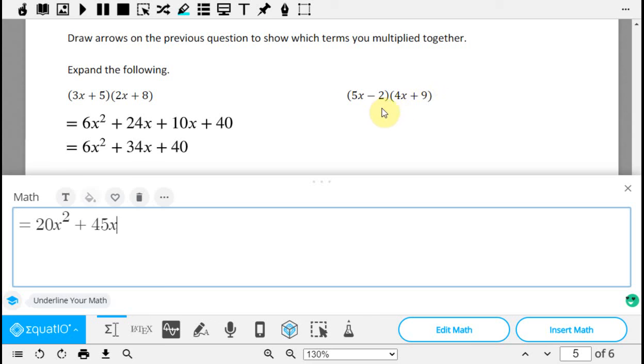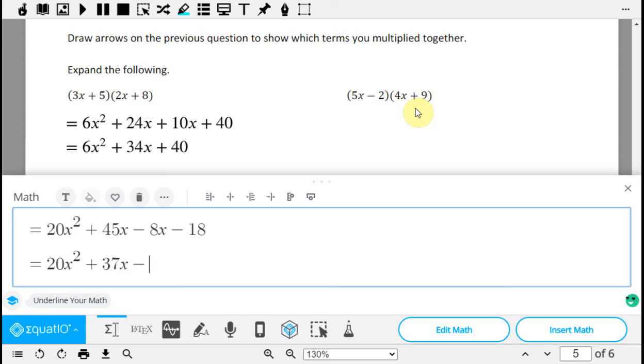Starting with the minus 2 times 4x is minus 8x. And minus 2 times the 9 is minus 18. Simplifying, we get 20x squared plus 45 minus 8 is 37x minus 18.